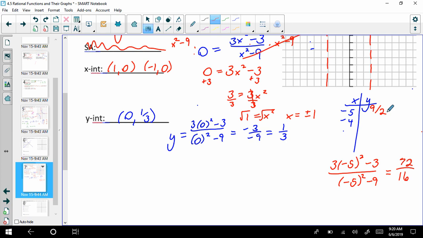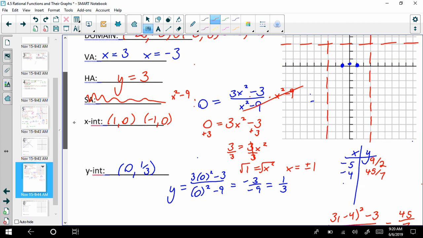Okay, if I plug negative 4 in, I'll just keep this framework here, but this time I'm going to put a negative 4 in, and I want to see what comes out. So negative 4 squared, 16, times 3, 48, minus 3 is 45. And on the bottom, negative 4 squared is 16 minus 9, 7. And that can't be simplified. So 45 over 7.